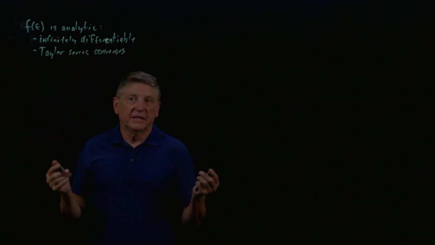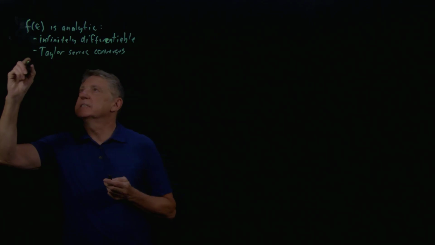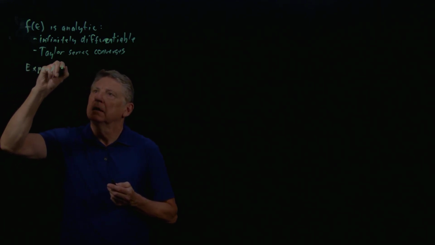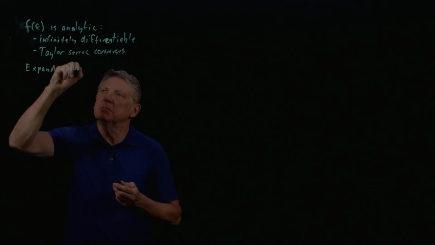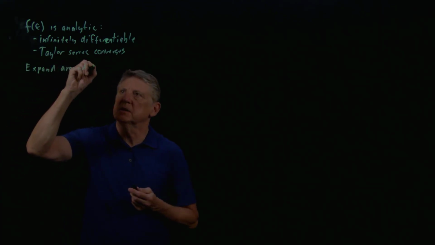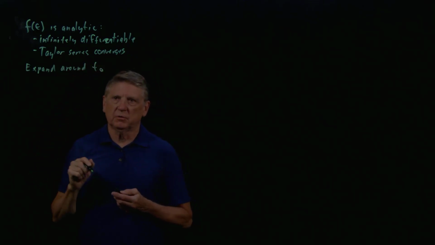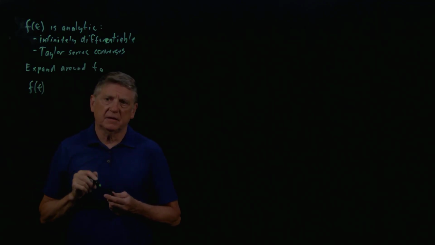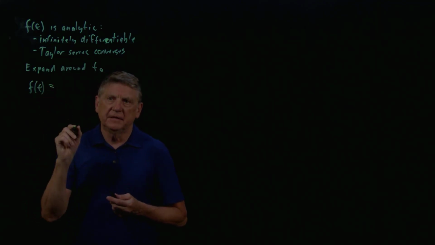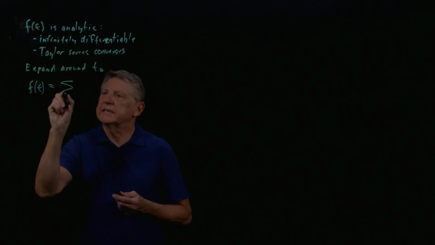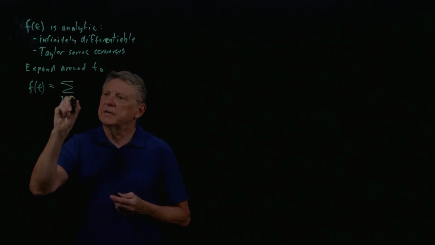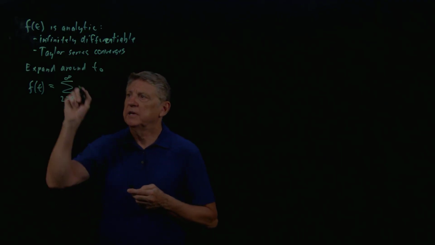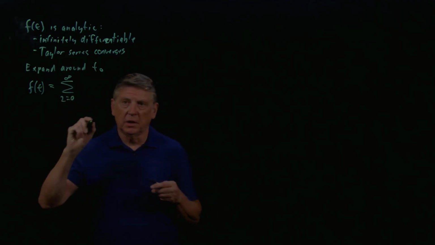And the Taylor series is, if we expand around some point that may be given to us, some point t0, that we can express f of any value of t as an infinite series. This is the sum as i goes from 0 to infinity. So we have to remember about infinite series and convergence and so on.